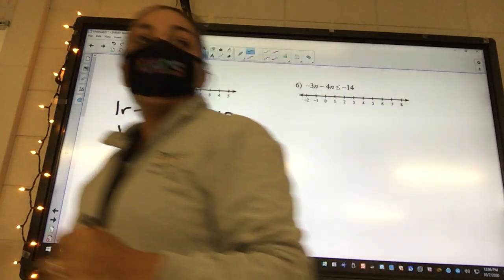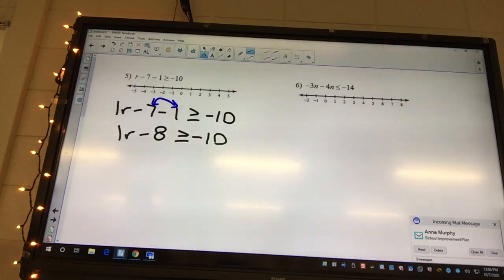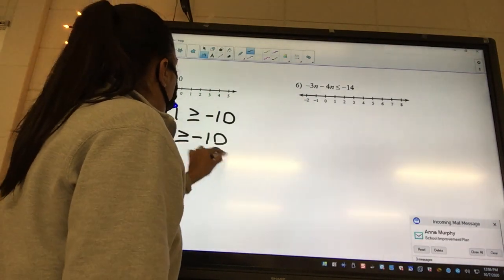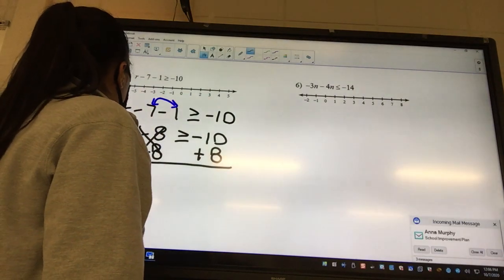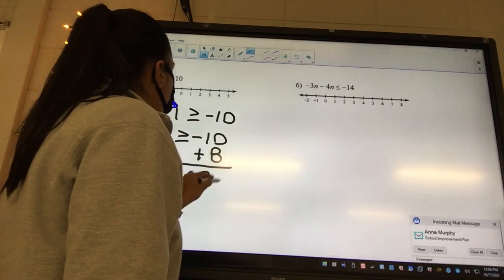Okay, what's our next step always? Add or subtract the kid. Who's the kid? The negative 8. So we're going to say plus 8, plus 8. So I have 1R is less than or equal to negative 2.